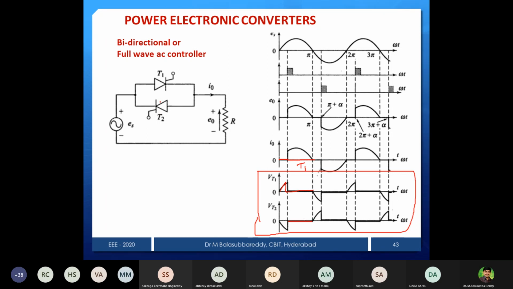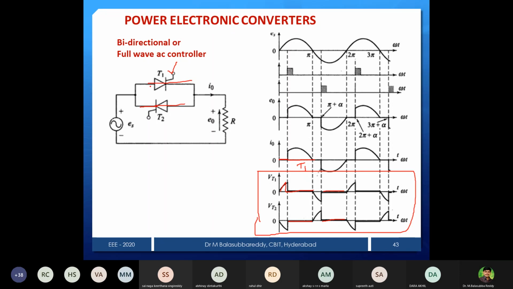If any one of the devices is conducting, even though the other device is open, the voltage across the device measures the same as this voltage only. So if both are conducting, voltage across the device will be 0. If any one is conducting, also 0, no?